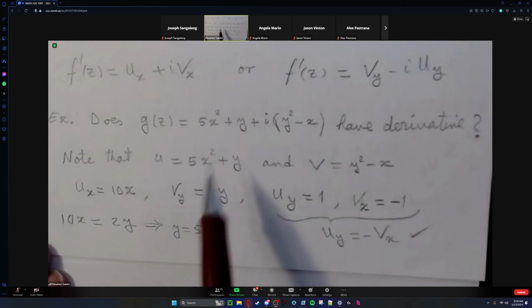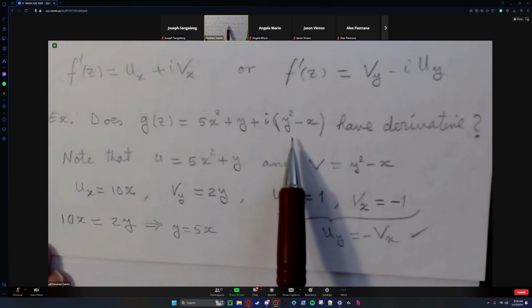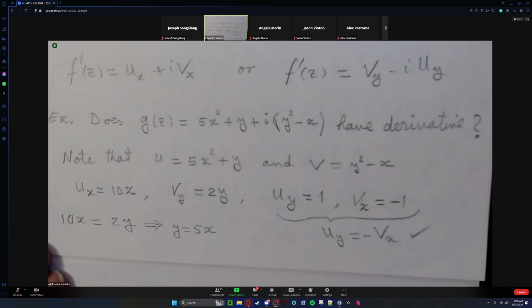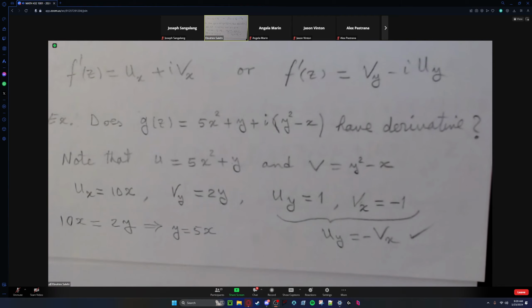So this function doesn't have a derivative except along this line. Along this line, it does have a derivative. If you stay off that line, the derivative does not exist.